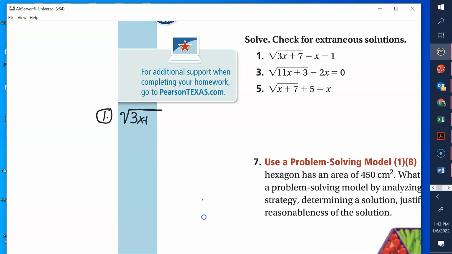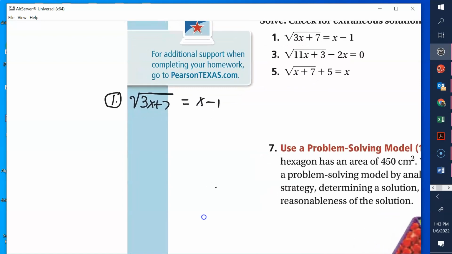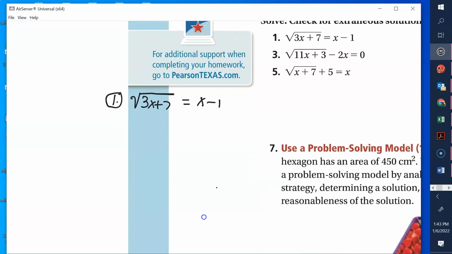The square root of 3x plus 7 equals x minus 1. We're solving, and we want to see if we have any extraneous solutions. So Debbie, what is the first step?